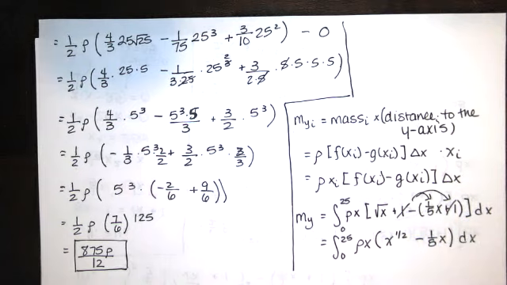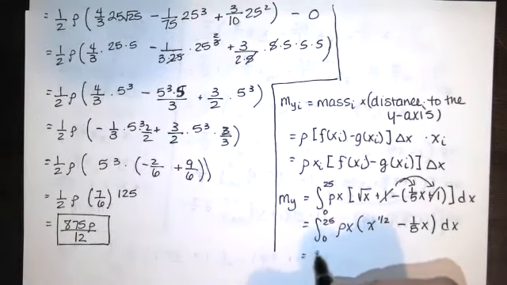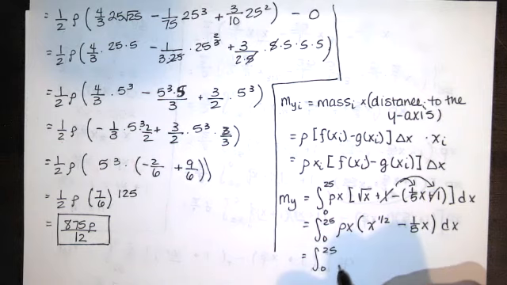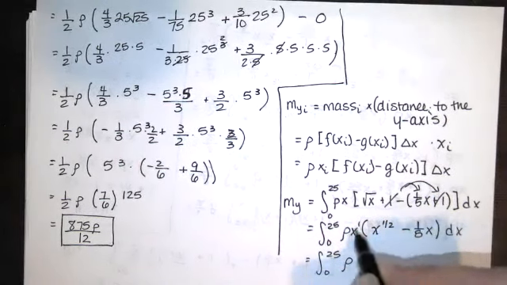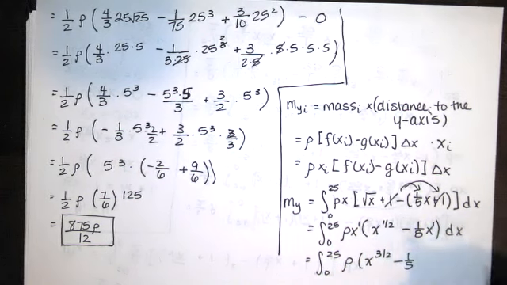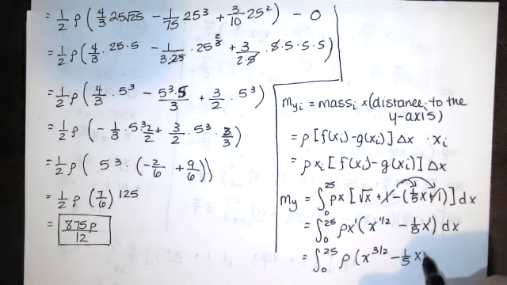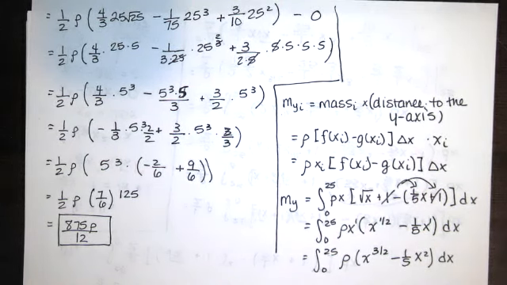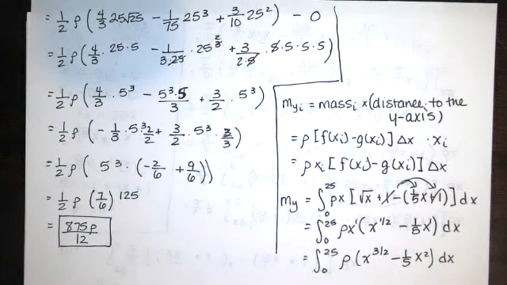And if you distribute that x, when you add the exponents, 1 plus 1/2 is 3/2. And then x to the first times -1/5 x to the first is -1/5 x squared. Okay, so that is our moment about the y-axis integral.